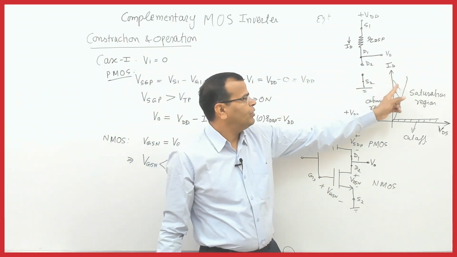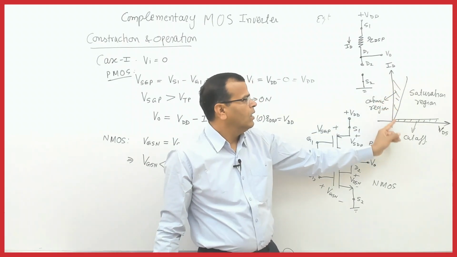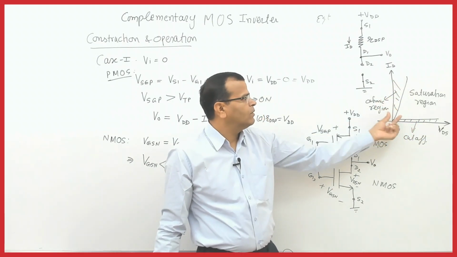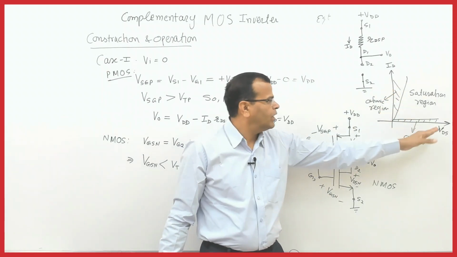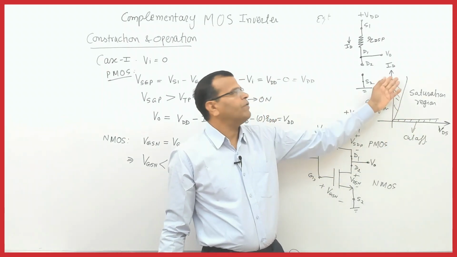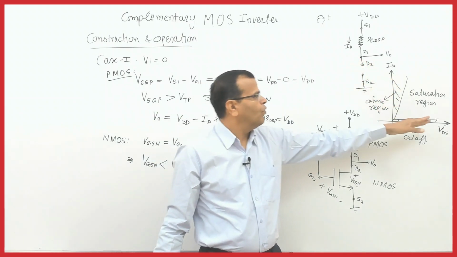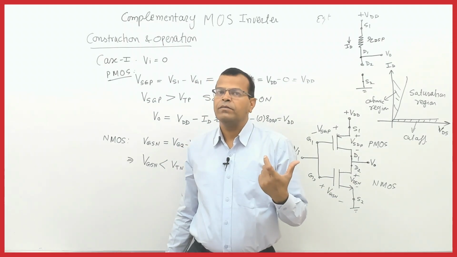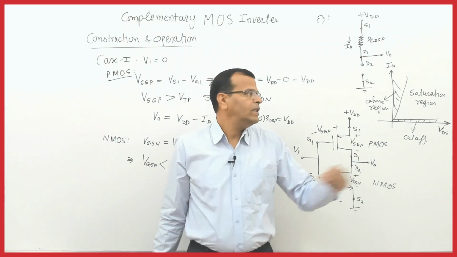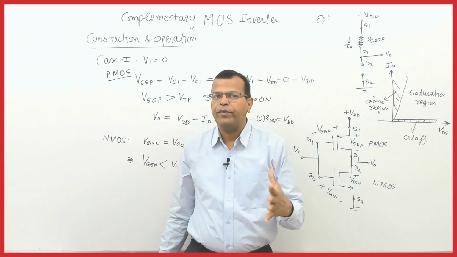In the ohmic region, you can see the voltage across the device is small, depending on the point of operation. Voltage VDS will be small, current will be large. When current is large and voltage is small, that is the ohmic region. Or I can say when the voltage across the device is small, that is the ohmic region.